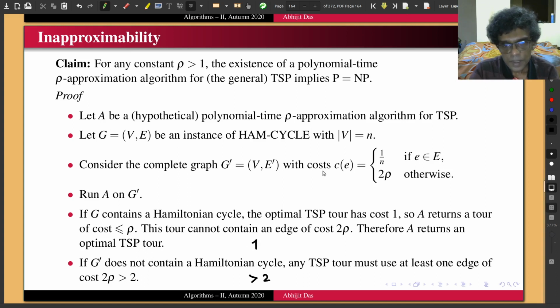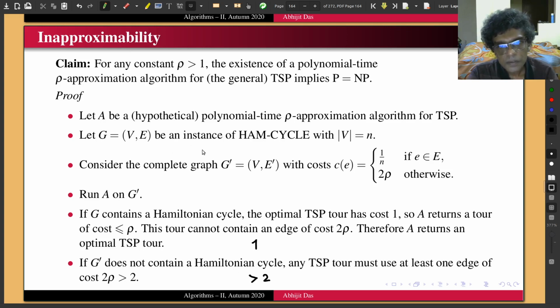Okay, therefore, by looking at the cost of the cycle returned by this hypothetical algorithm A, I can decide whether our original graph contains a Hamiltonian cycle or not.